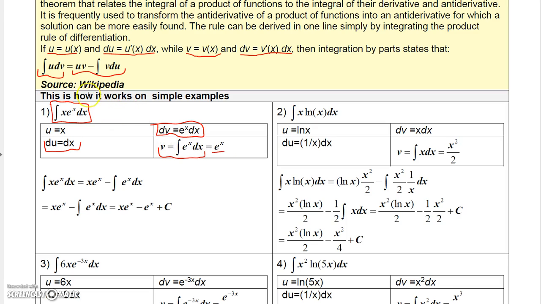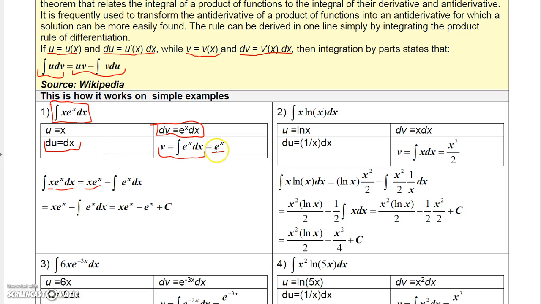So now let's put it together in this formula. If you're integrating u times dv, then that's going to equal uv, which is x times e to the x, and then minus the integral of v du.